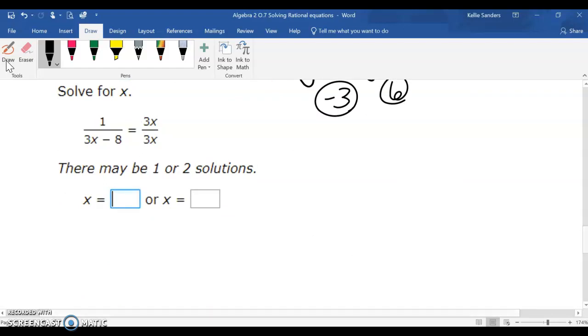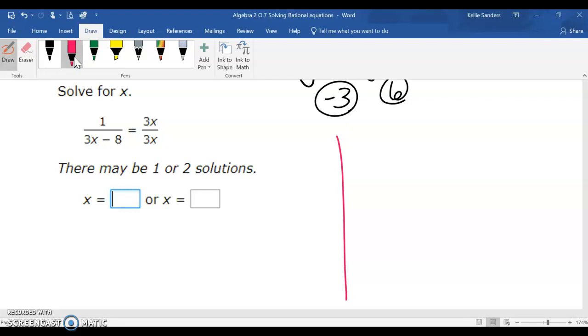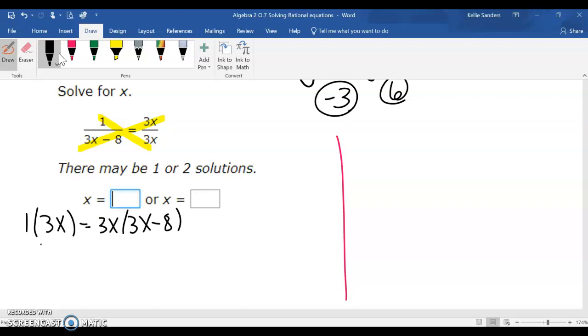Okay, I'm going to do this one twice. The first way is whenever you have blinders on and you don't see anything different. So we're going to do this, and we get 1 times 3x equals 3x times 3x minus 8. Distribute, you get 9x squared minus 24x.